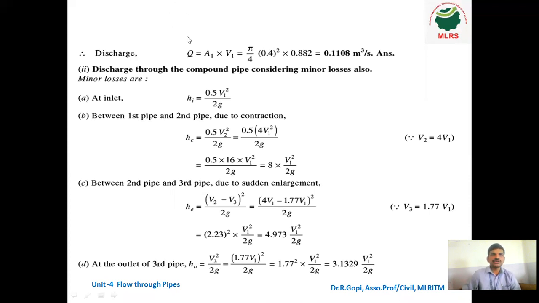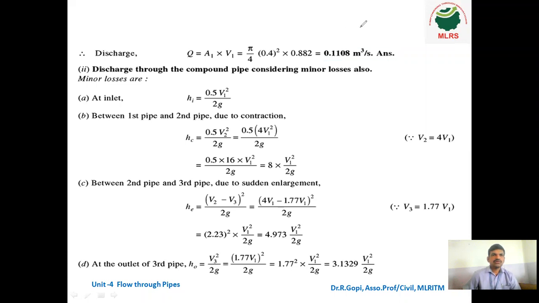Substitute Q is equal to A1 into V1, so pi by 4 into diameter 0.4 the whole square into V1 0.882, which finally gives the answer 0.1108 meter cube per second. So this is the answer.